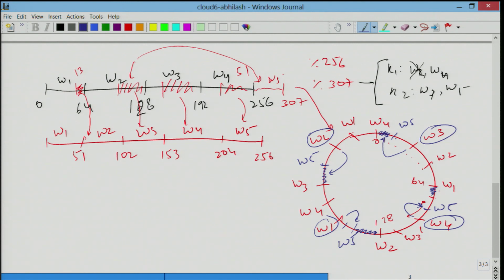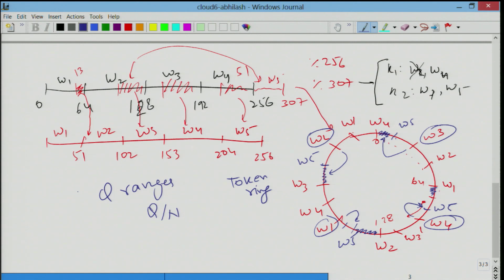Okay, so in general, Dynamo creates Q ranges. This is called the token ring. Q different ranges in the token ring. When a new worker joins, it steals Q by N ranges, for load balancing.